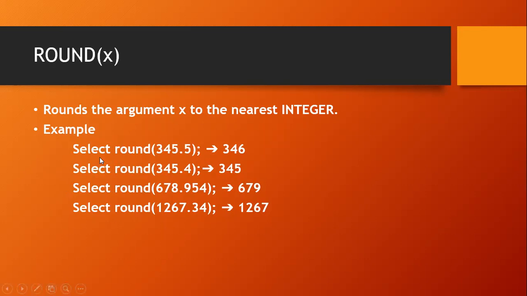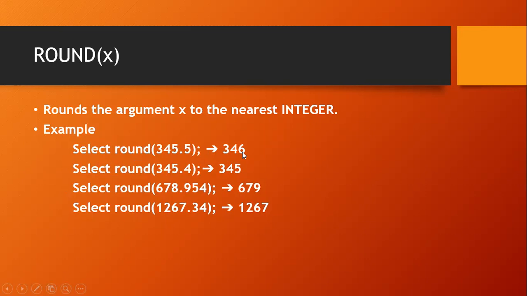Let's see the example. Select round of 345.5. Before rounding off to the integer, it will check the number occupied in the decimal place, that is 5. Is it greater than or equal to 5? True. So what we have to do? A plus 1 has to be added to the ones place. Hence 5 plus 1, it will be 6.